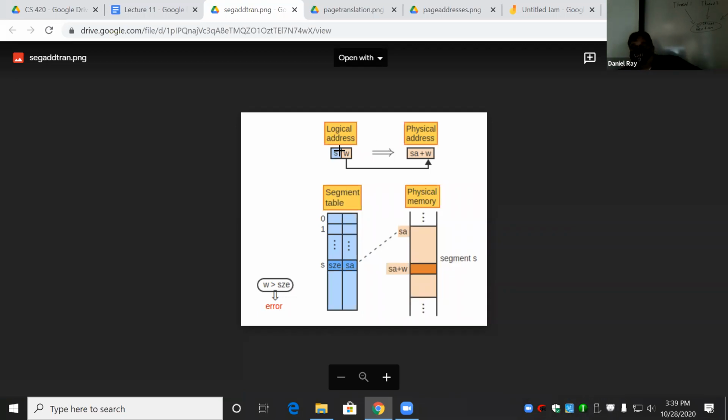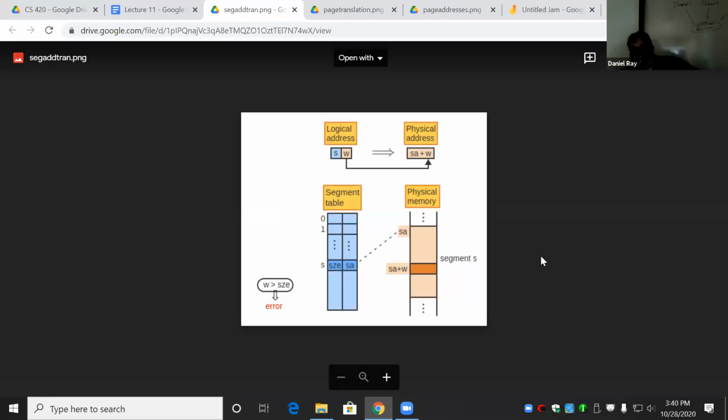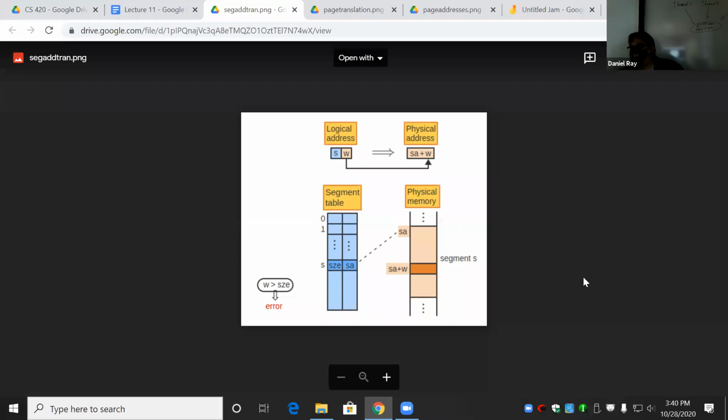The logical address is the segment number and the word offset. The size of the segment, though, is variable, so the size of the word that addresses that segment will be variable.